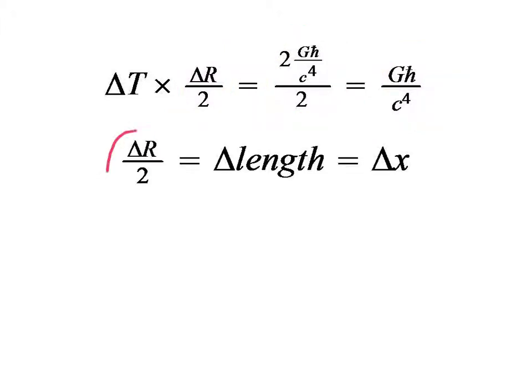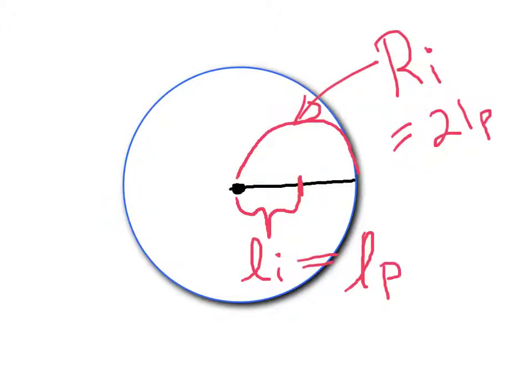If we divide delta r by 2, we get delta length, which we'll show as delta x. This is our position function. To help clarify why 1/2 of the radius is a length, recall in the initial condition our initial radius was 2 Planck lengths, but our initial length is 1 Planck length.